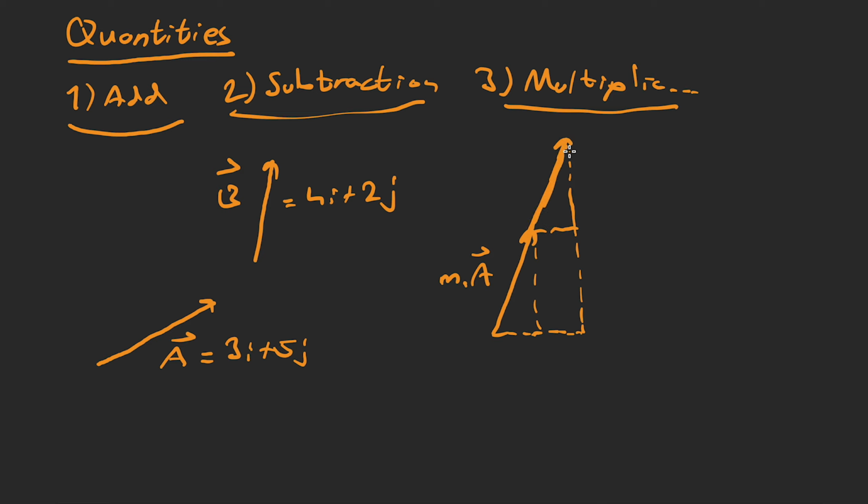So the resulting vector would be the addition of these multiplied horizontal and vertical components together. If you multiply the vector A by 2, you're going to get 6i plus 10j. It's pretty straightforward.